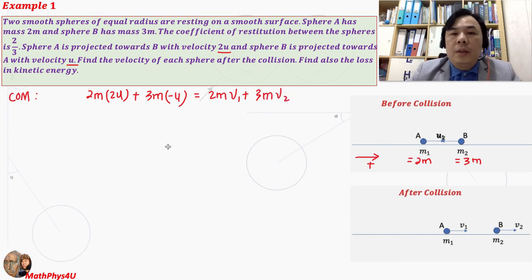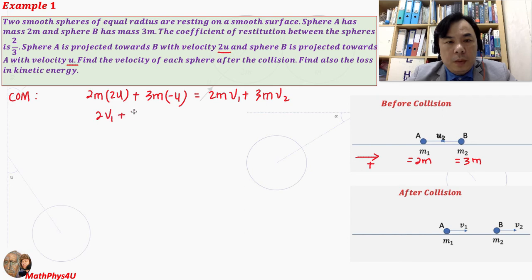Okay, and then leave it as it is. All right, now of course we need to simplify this. We have a 4 and a negative 12, so negative 8 here. We will have 2v1 plus 3v2 equal to negative 8. Yep, that will be our first equation.